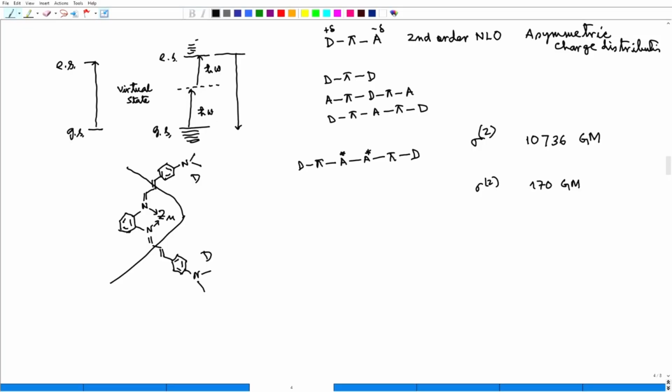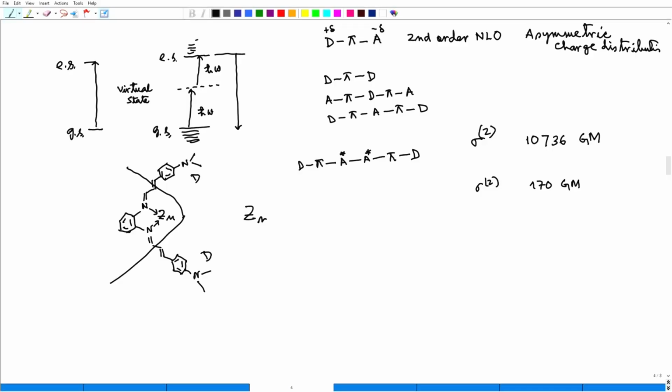Now, the question will be asked, why did we use zinc? There are so many metals. Zinc, because zinc is white, it does not have any spectroscopic signature. We can use zinc 2 plus, we can use copper 1 plus, because they do not have any spectroscopic signature.